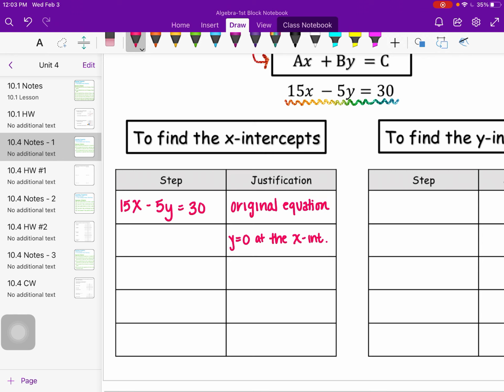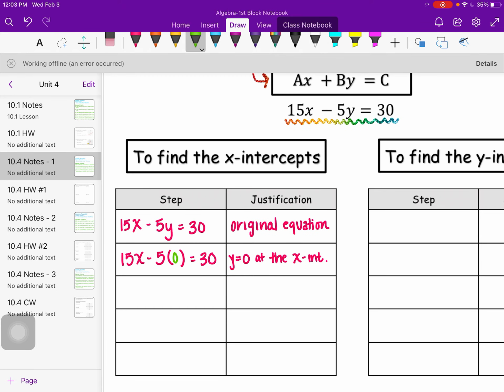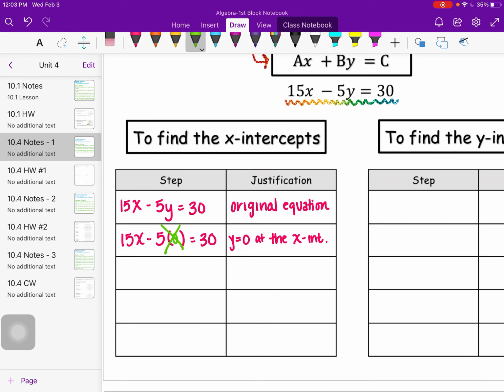So we are going to substitute 0 in for y. The nice thing about that is anything times 0 is 0, so that goes away. And we're left with this equation: 15x equals 30, and we need to solve. How are we going to solve for x?